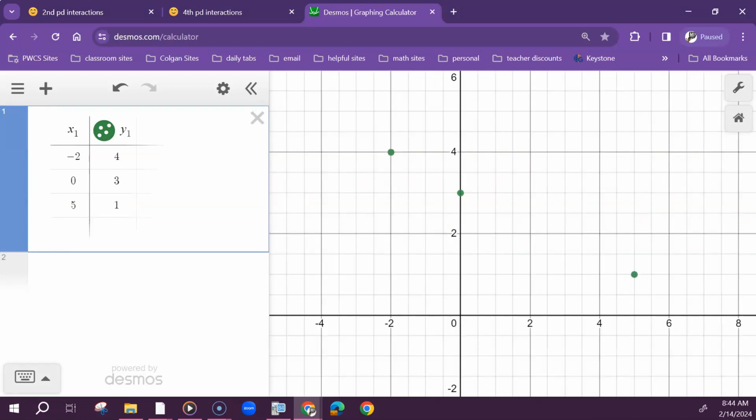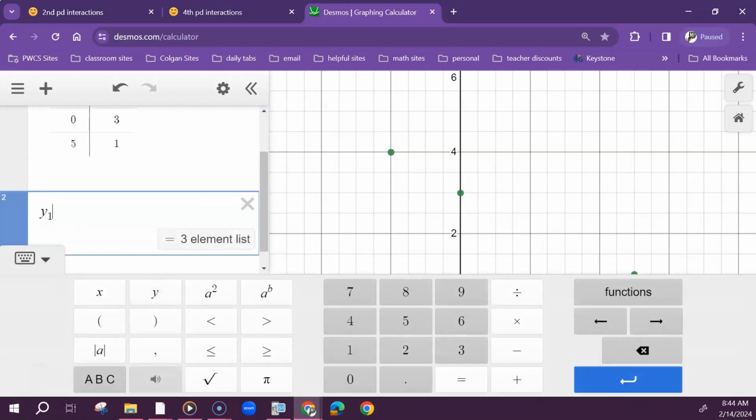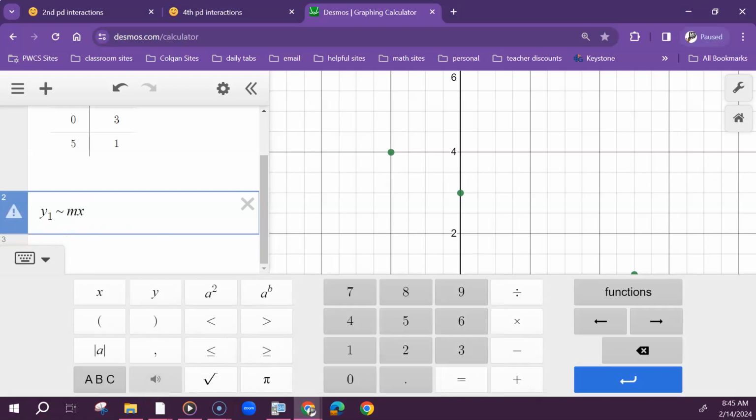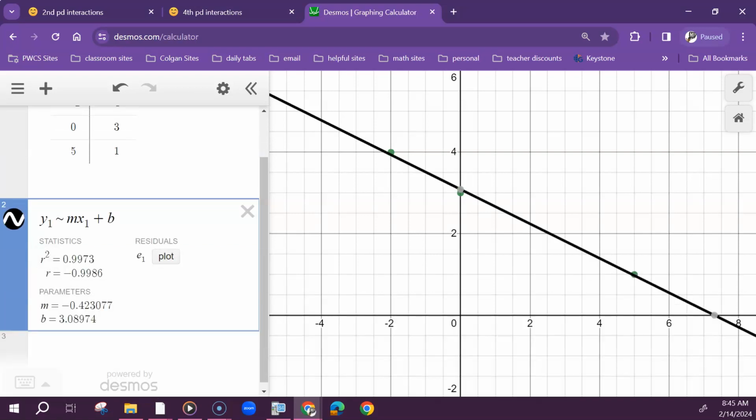And then looking at those points, I can type in my line of best fit equation, my y1, this squiggly line, the tilde, mx1 plus c. And I'll be given my slope and my y-intercept, and I could write those down for my line of best fit. Y equals negative 0.423x plus 3.09.